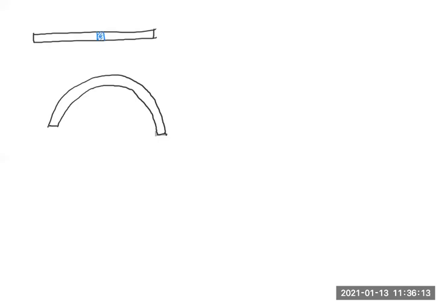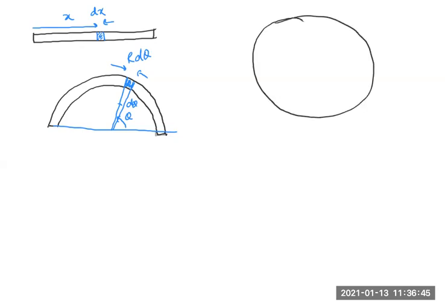The element is a point particle. For a disk, the element is always a ring.